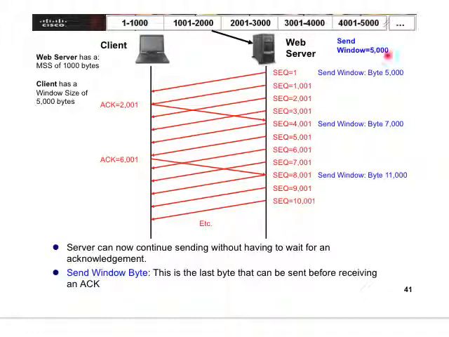Here the window size is again 5,000, as it was before. I sent 1 and 2, and then the receiver sent me an acknowledgement with acknowledgement 2001, which indicates that all the 2,000 bytes have been received correctly. Here I can send 3 more because the window size was 5,000.